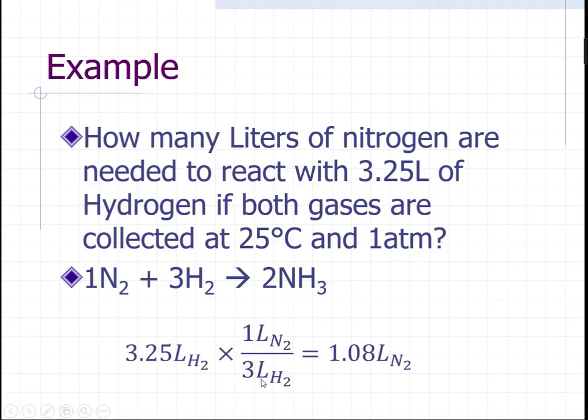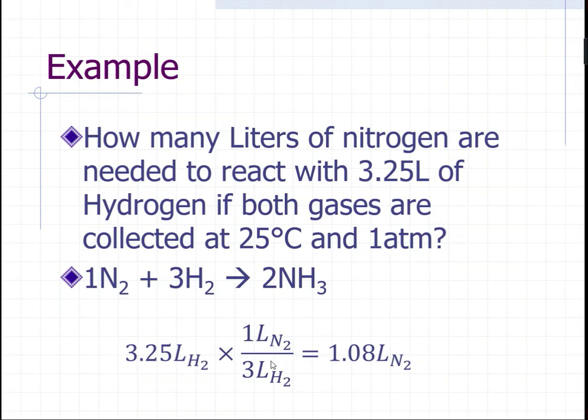Now, with that being said, mentioning sig figs, the coefficients that are associated with the conversion factor for mole to mole or volume to volume are absolute numbers. You're not talking about, in a balanced chemical equation, somewhere near 1 mole reacting with somewhere near 3 moles. It's exactly 1 atom will react with exactly 3 atoms, or in this case, exactly 1 mole will react with exactly 3 moles.